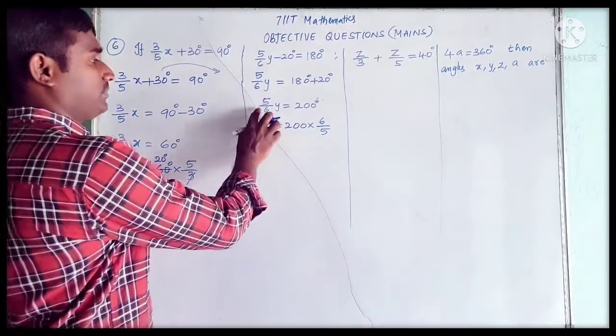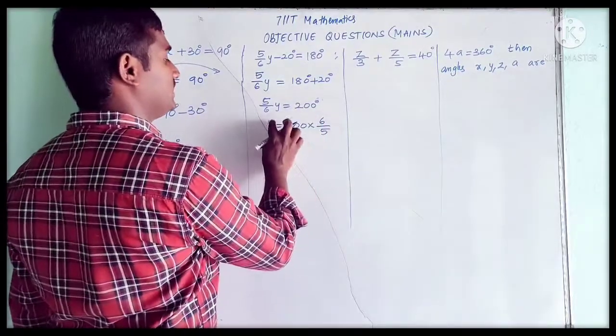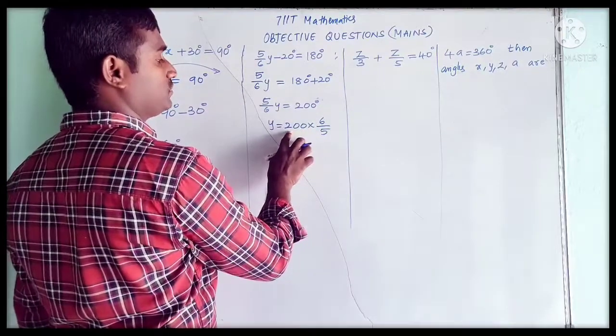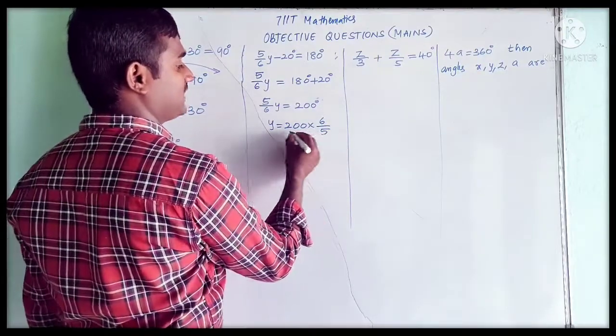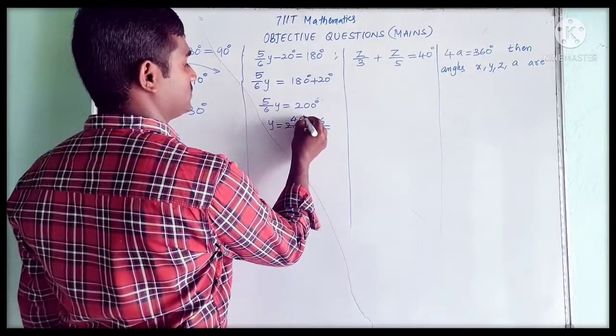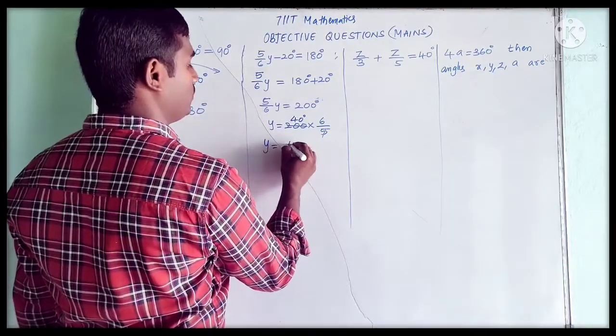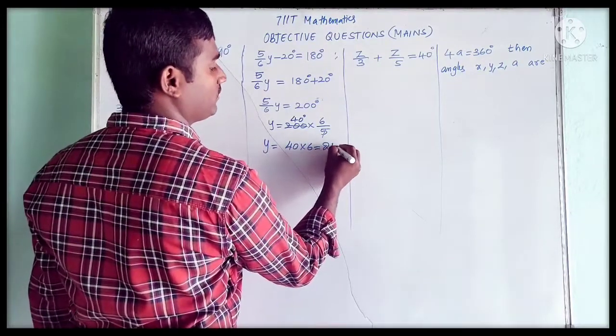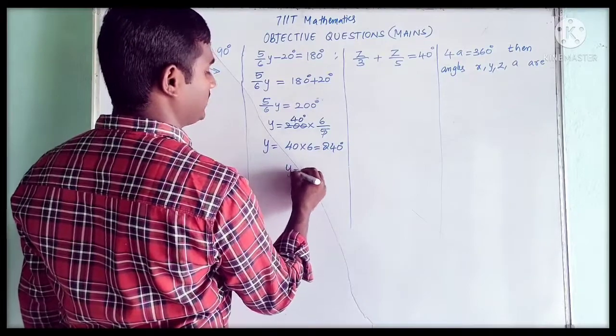Check whether any cancellation or not. 5 forties are 200. So y equals 40 degrees into 6. 40 into 6, how much? 240 degrees. Y is equal to 240 degrees.